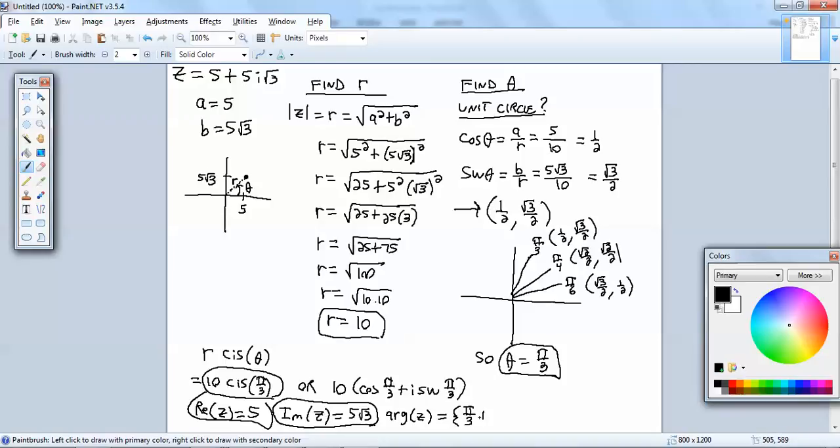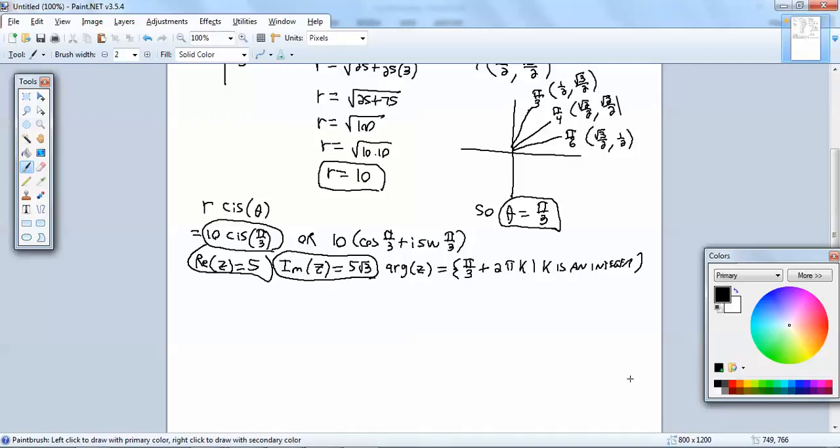So we're going to have pi over 3 plus 2 pi k, given k is an integer, which means it can be positive or negative or 0 even. Now, our principal argument with uppercase A is just theta, which is pi over 3. And those would be our different answers.